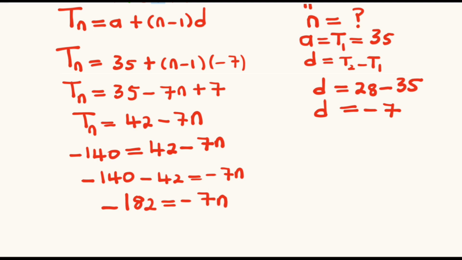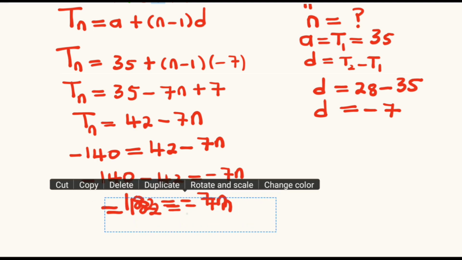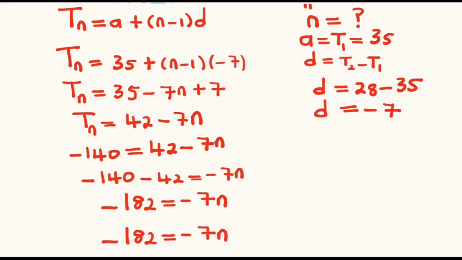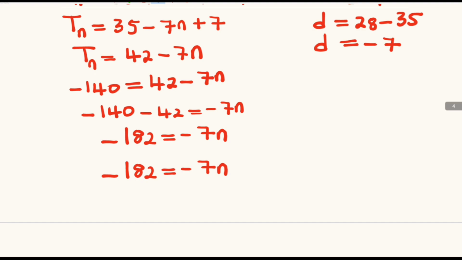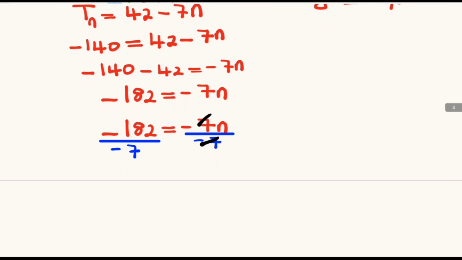We solve for n by dividing both sides of the equation by negative 7. Negative 7 divided by negative 7 is equal to 1.